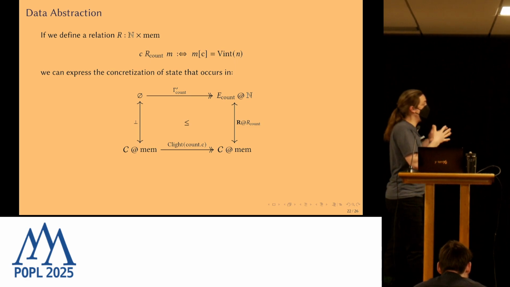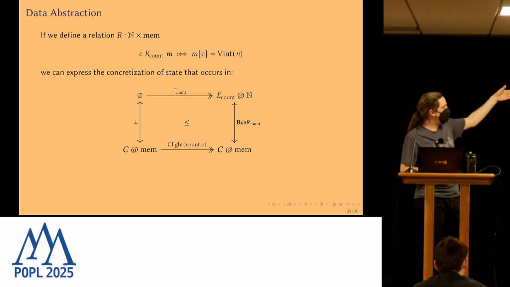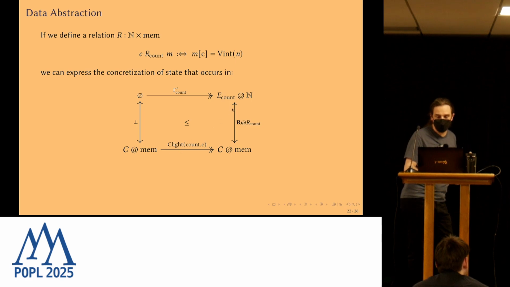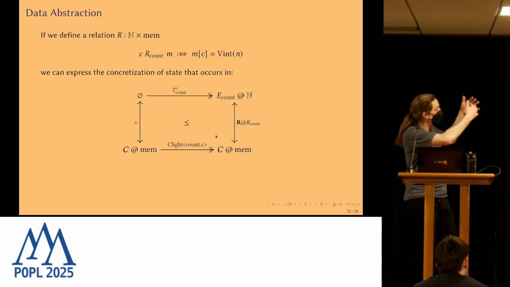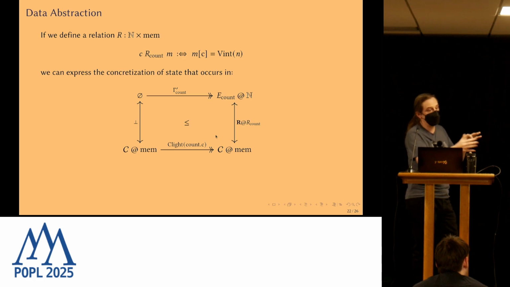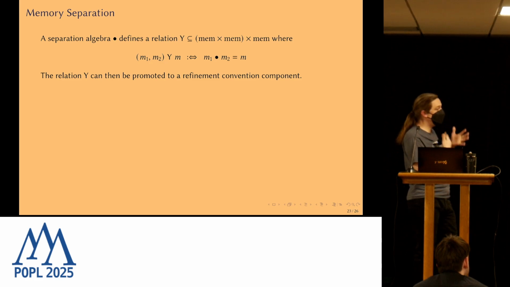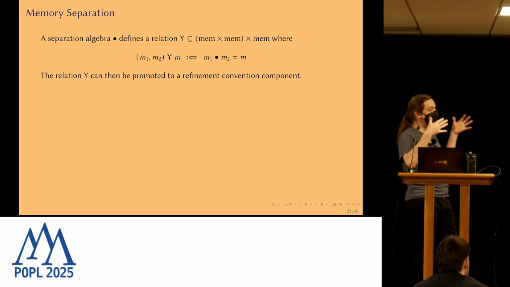Likewise, if we have a relation between this abstract natural number and the concrete memory states, we're going to be able to use this kind of refinement square to show a refinement between the abstract and concrete state. And then we also have a way to deal with how this value is going to sit within the global memory, right?